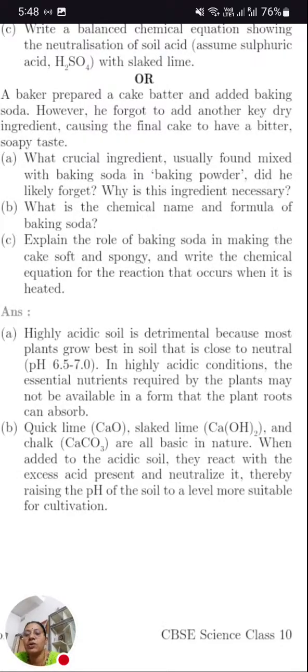The same reason can be used for both acidic and basic soil. Both are not recommended for the growth of the plant because plants cannot absorb their essential nutrients from acidic or basic soil. So neutral soil is always needed. If the soil is acidic, they add a base to the soil. If the soil is basic, they add acid salts to it.